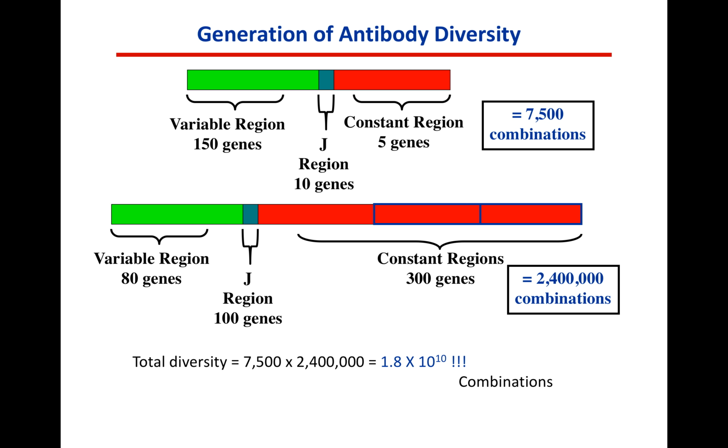And so the diversity that's possible is way above the diversity in this case, 10 to the 10th, maybe 10 to the 12th, different potential antibodies. So the number of B cells that you can produce is well below the potential diversity.